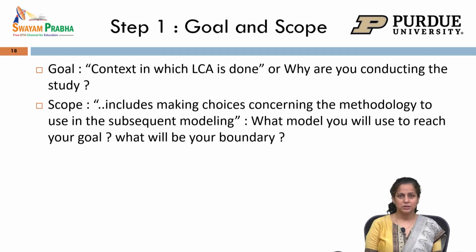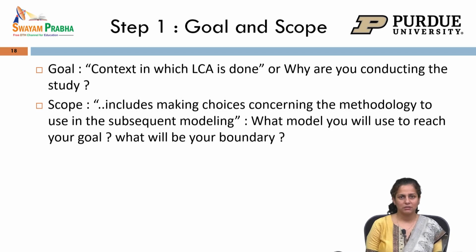The next thing, which is the scope, is where we are actually making choices concerning the methodology to use in the subsequent modeling. And of course, when we go to the scope phase, we will see that in detail. But what that means is that if you are, say, modeling a manufacturing process, the methodology could be that we want to look at the whole manufacturing sector together, which can be looking at the economy, or you can be looking at just the processes.